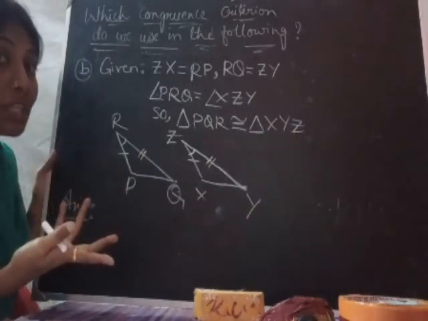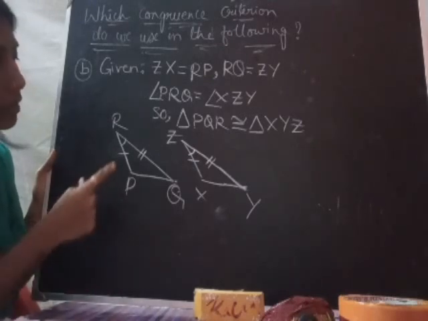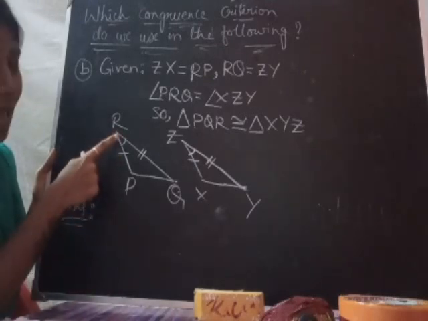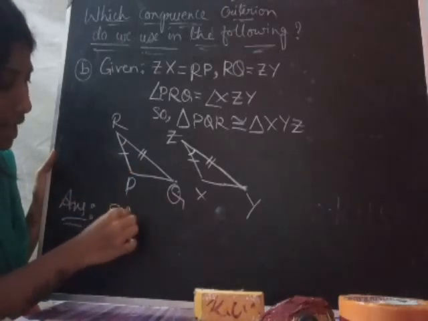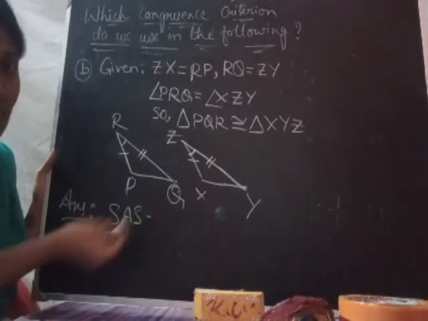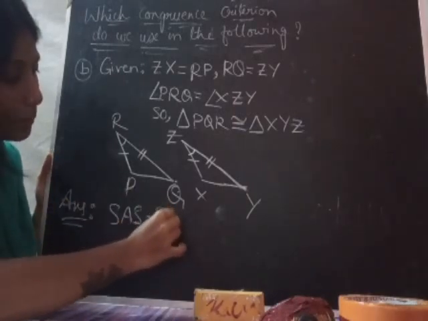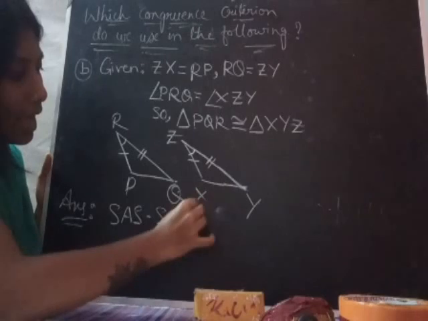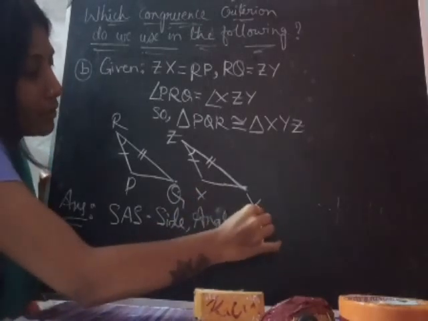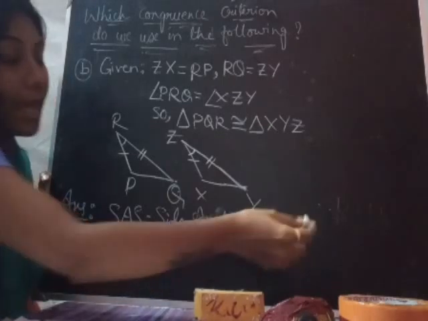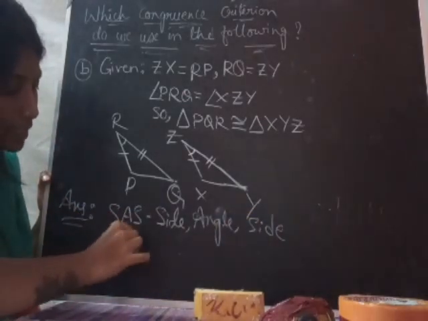Which criterion are we using? Side, angle, side. SAS stands for side, angle, side congruence criterion.